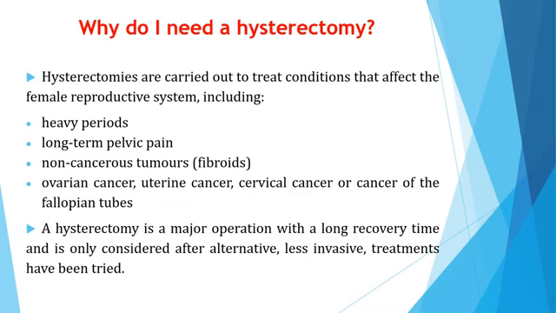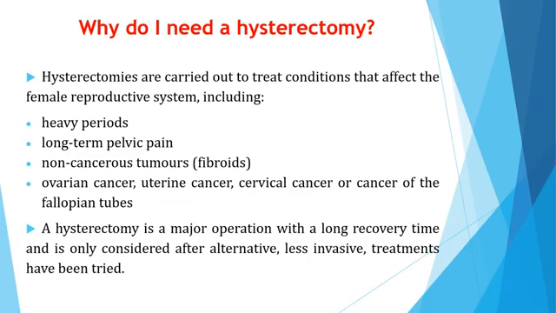Including heavy period, long term pelvic pain, so أكو ألم بالبلفس أو heavy period, so non cancerous tumor, fibroids عبارة عن تليف بالرحم, so ovarian cancer, سرطان المبايض, uterine cancer, سرطان الرحم, cervical cancer or the cancer of the fallopian tube. قناة الفالوبيان تيوب هي التيوبات الموجودة في الرحم المرأة.